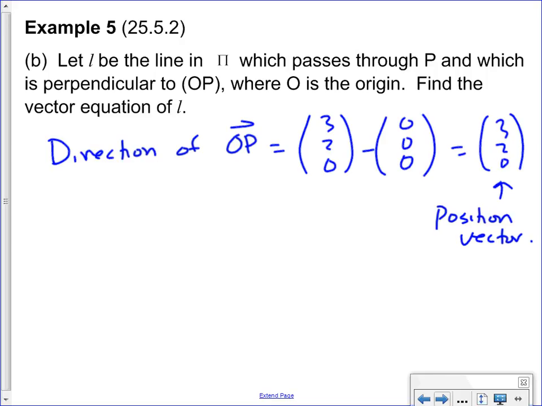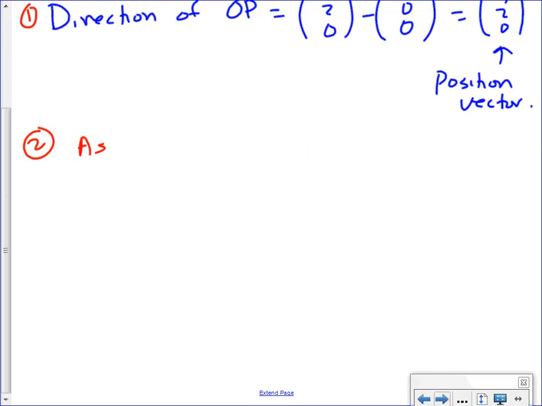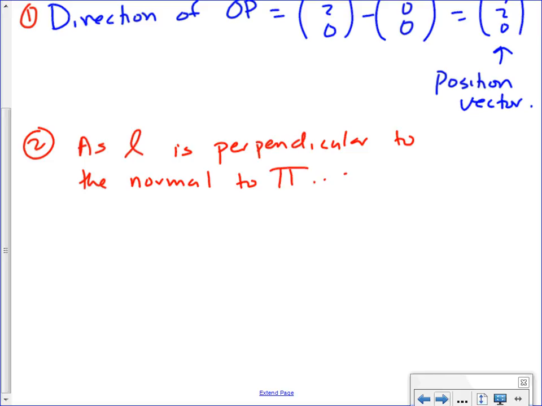Since L is in the plane, as L is perpendicular to the normal to capital Pi, take the cross product: 3, 2, 0 and the normal we found last time, which was -1, 1, 1.